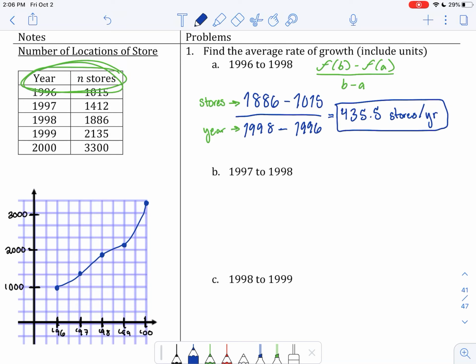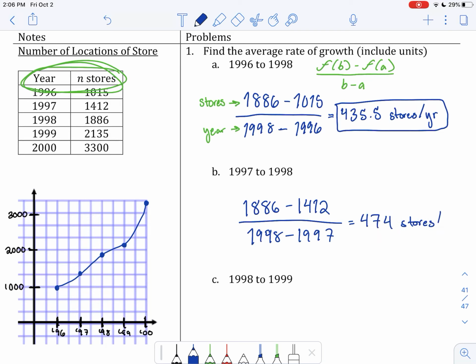Now we'll be asked similar questions for 97 to 98. So you can see that in all of these we're narrowing in around the year 1998. So in this case we're just going to trade out the second set of numbers, for ones from 1997. And this shows that we had an average growth rate that year of 474 stores per year.